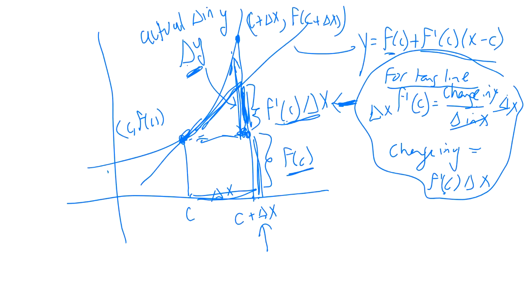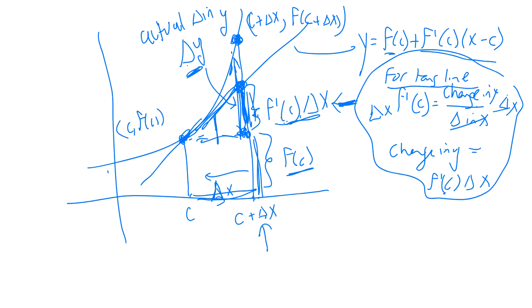Look what happens. Think of a limit idea as delta x gets smaller and smaller. So as I shift this way, delta x gets smaller and smaller, this tangent line approximation, the value here, is going to get closer and closer to the actual. So this change in y here and this f prime of c delta x get closer and closer together as I get down here.